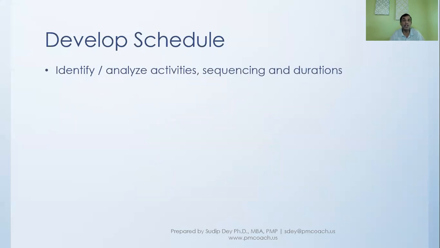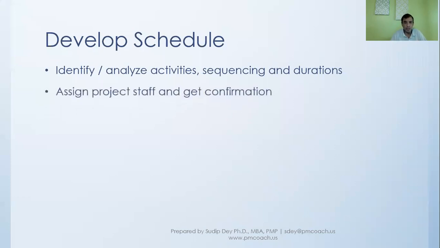And also the leads and lags and all that. And what is the relationship and so on. And then we have, for each of these activities, what is the duration. Now when we have all these pieces together, we can bring them together to make the schedule.